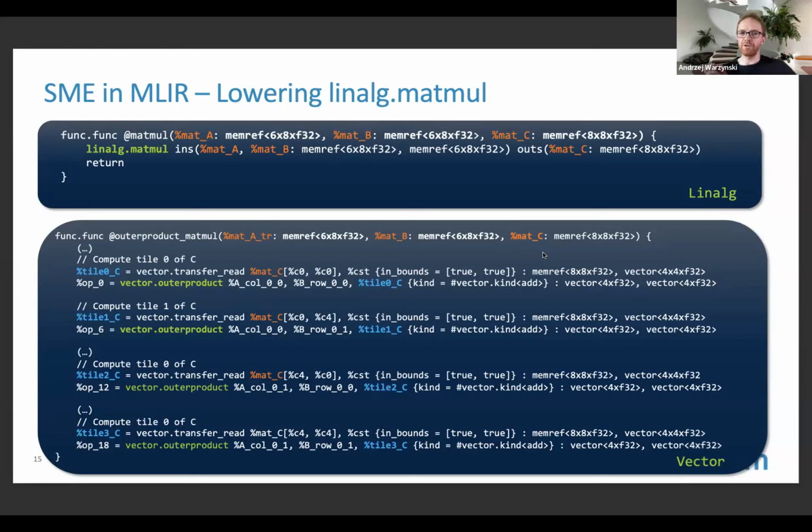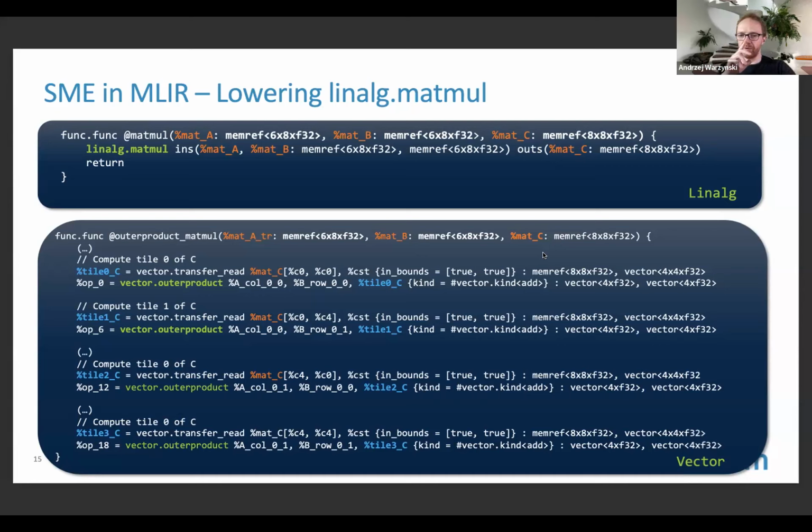One important constraint to keep in mind in the context of SME is the fact that in this particular case of 32-bit elements, we have access to 4 virtual tiles in SME. So we have access to 4 accumulators, which means we want to split our linalg.matmul in outer products accumulating to 4 different accumulators.